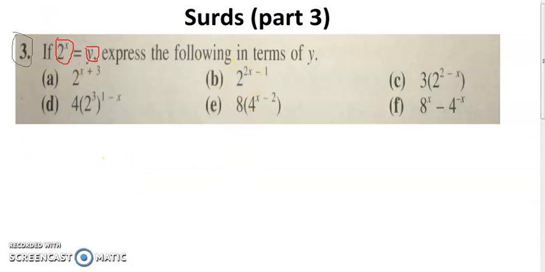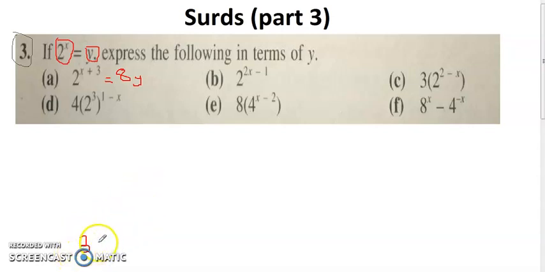So now this is question number 2. 2 to the power 2x plus 1. First I'll write the answer over here. The answer was 8y, okay? Now part B is 2 to the power 2x minus 1, right? Now I've already discussed that if there's a division sign and the values are same, the powers are subtracted.